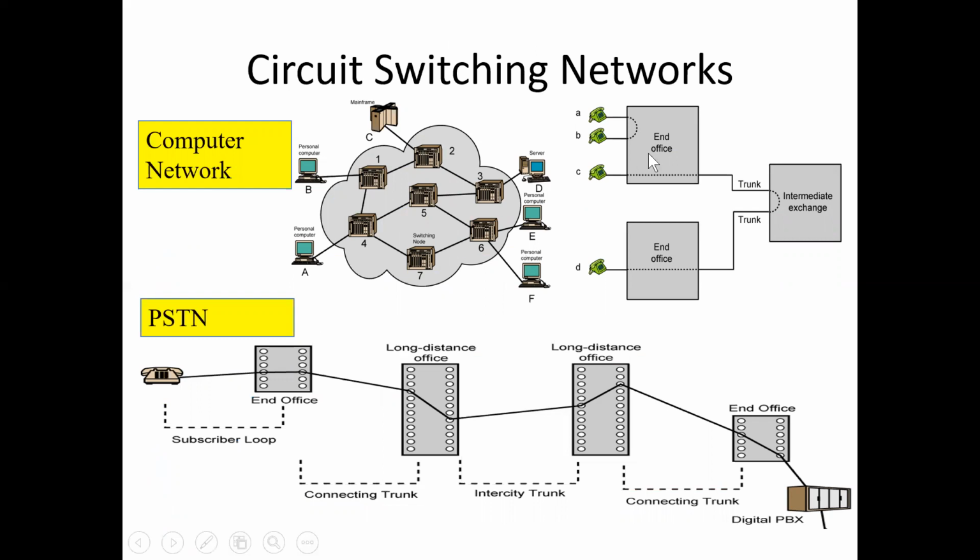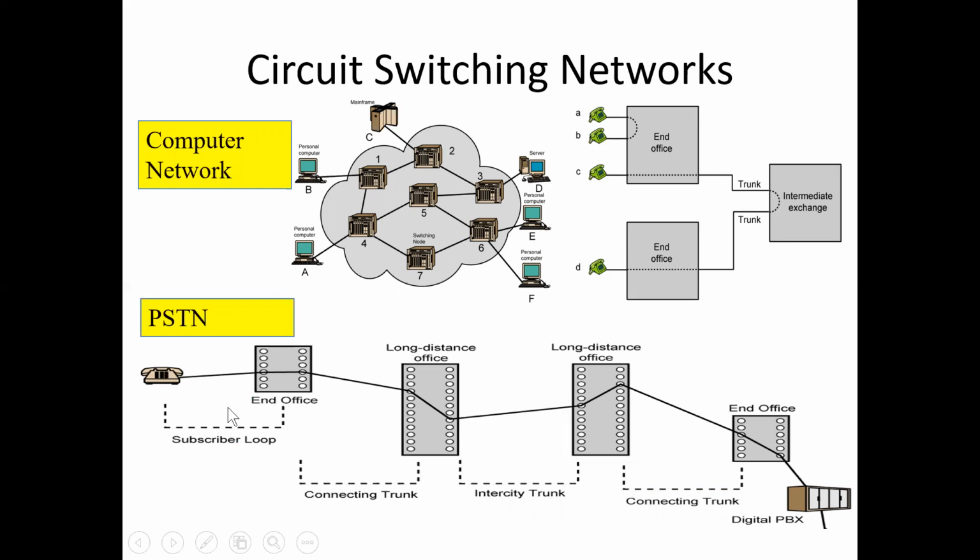Here are examples of circuit switching networks. We have a computer network in which there are dedicated paths among the computers. Here is an example of the public switched telephone network, in which we have an end office and intermediate exchange. In between, a dedicated path is established before the transfer of the message, but on the fly the path cannot be changed.